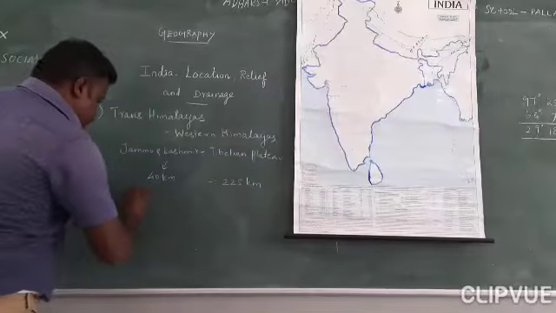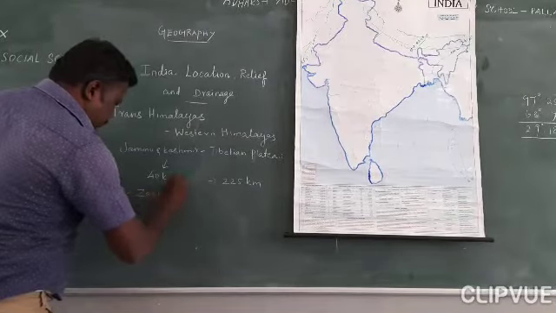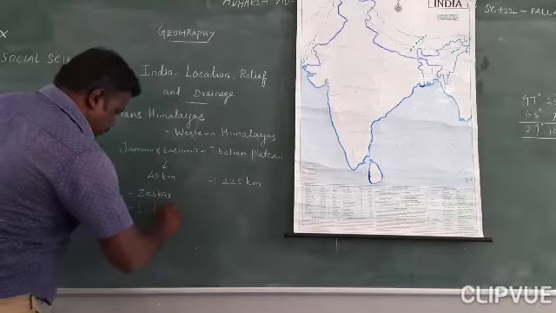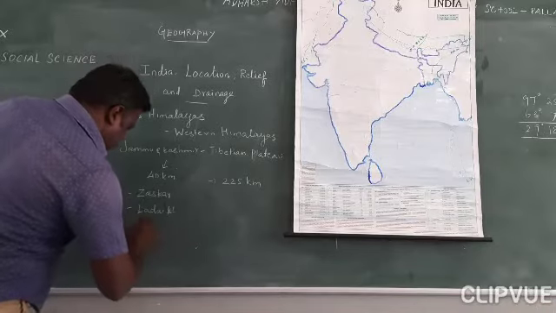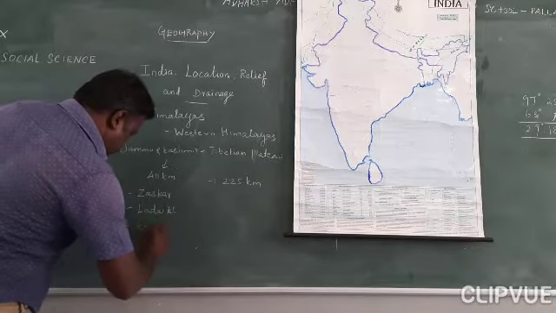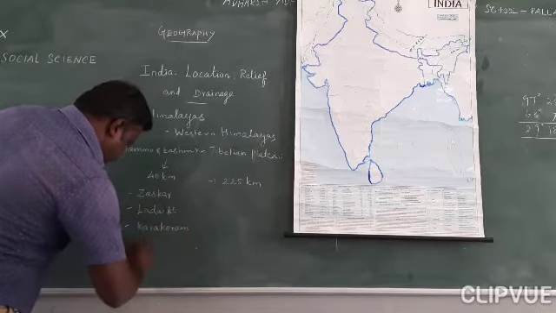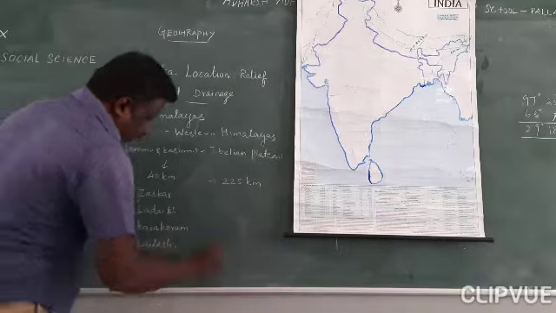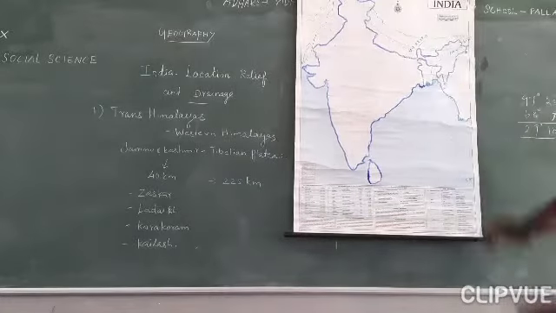First we'll see Zanskar, Ladakh, Karakoram, Kailash. See the four ranges, they are in the Trans-Himalayas.